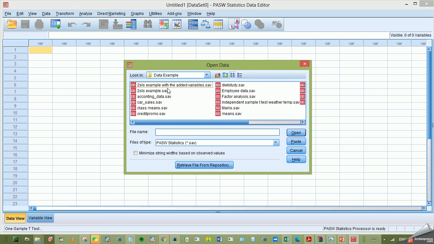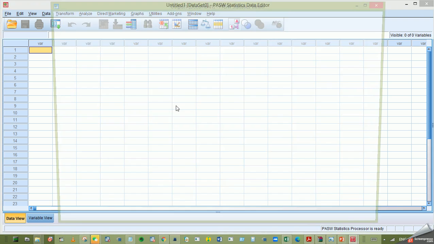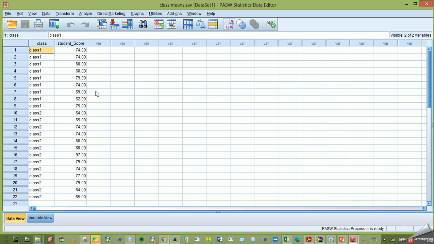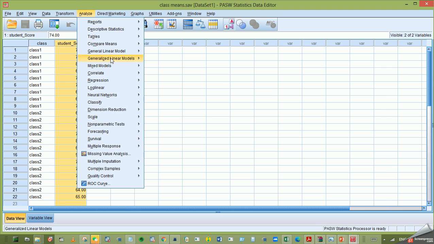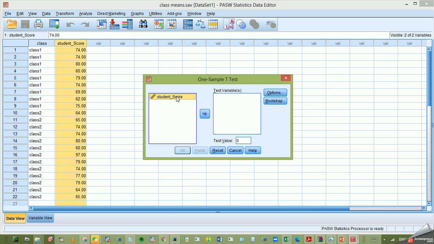We go to the data example that we already had, class means, and open the sample that we have for the two classes. Regardless of the classification, we want to check if this column is different from 75.